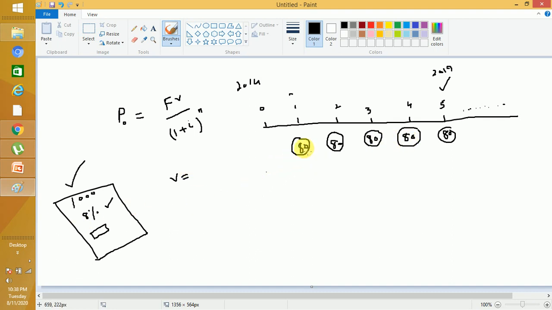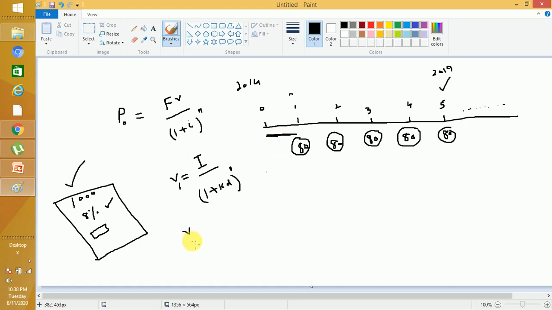Now this is the first value, the future value, so we call it V1. So what will we do? This 80 is basically interest I, divided by 1 plus KD, raised to the power 1, because we will discount it 1 year.